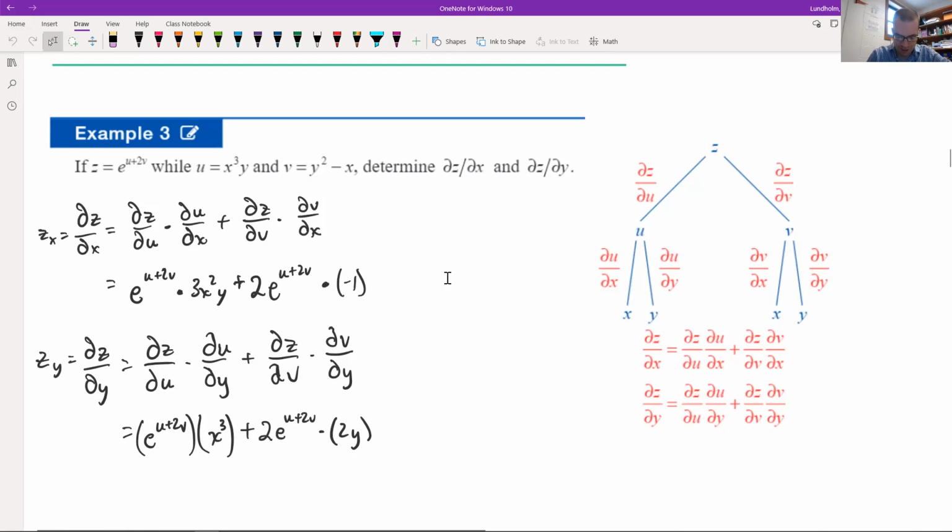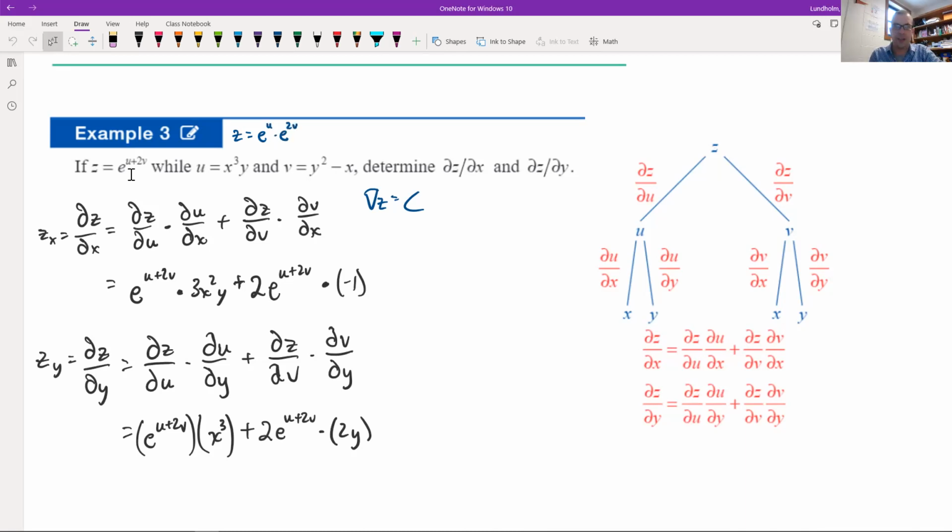Let me think about the dot product stuff here, because the gradient of z is going to be a thing. The gradient of z will just be a vector that looks like the partial derivative of z with respect to u, where the 2v thing is just going to be treated like a constant. One way that it might be nicer to view z: z could be rewritten as e to the u times e to the 2v.